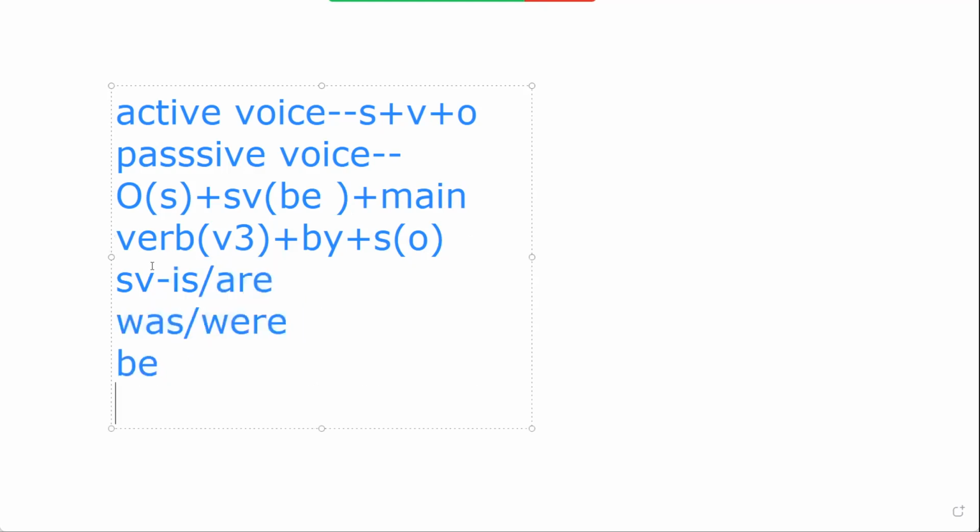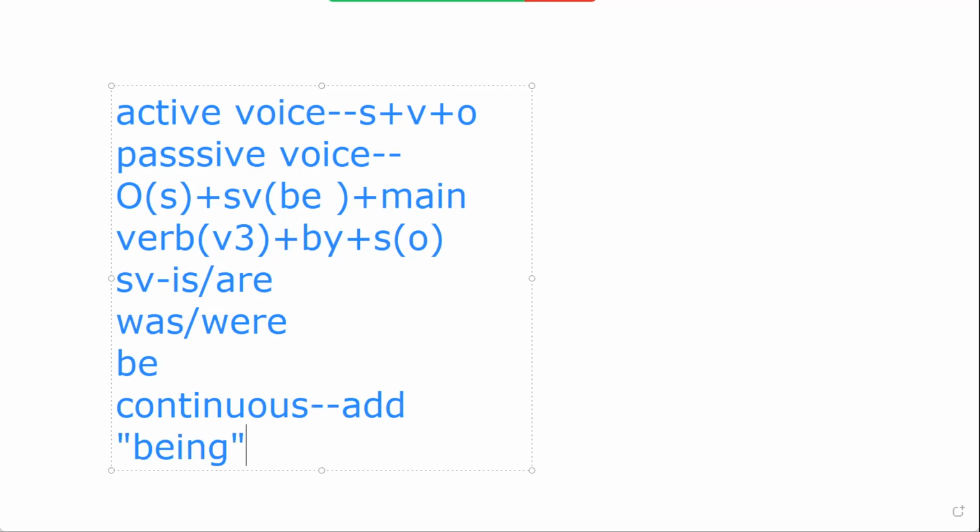Next important thing, if this is a continuous tense, ठीक है? If this is a continuous tense, whether it is present continuous, past continuous, future continuous, present perfect continuous, past perfect continuous, future perfect continuous, you have to add one extra verb that is called being.